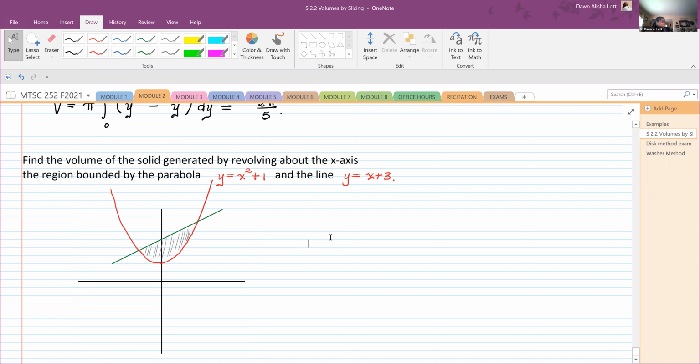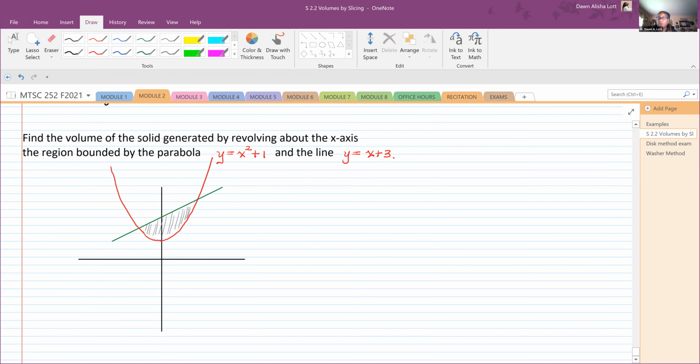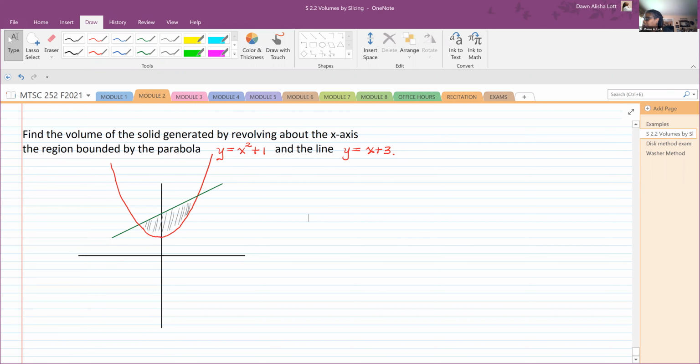So revolve that about the x-axis. I hope you are working and thinking and not trying to wait for the answer. So you should have just picked that thing up and done this. So you got this little piece going down like that. Maybe a little higher.